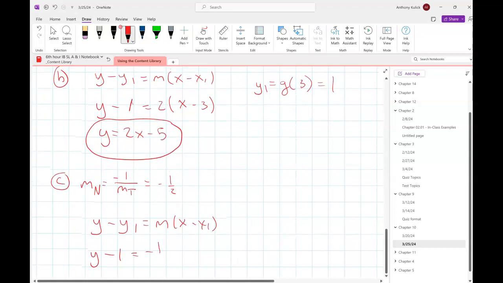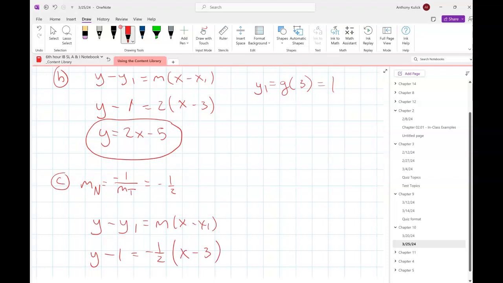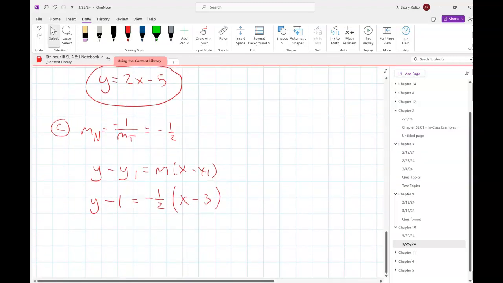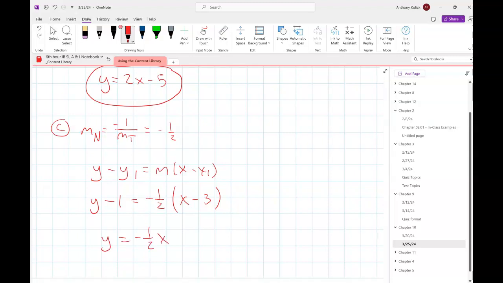Y1 is still 1, but my slope is now different. So when I distribute the negative 1/2 through, I have negative 1/2 x plus 3 over 2, and when I add the 1 over, that becomes 5 over 2. Does everybody feel okay there?